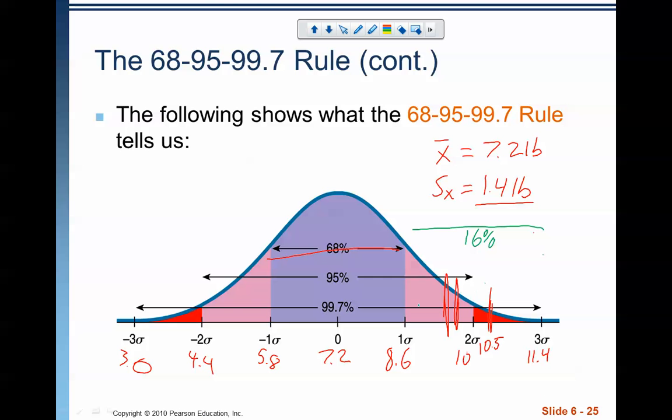If this is 95%, what is the two outsides here? Well, 2.5 each, right? So if this middle part is 95%, then this bit right here is 2.5%.